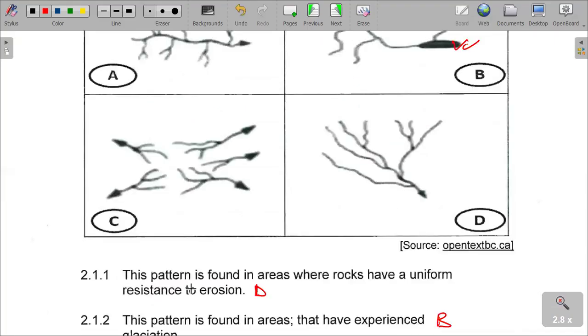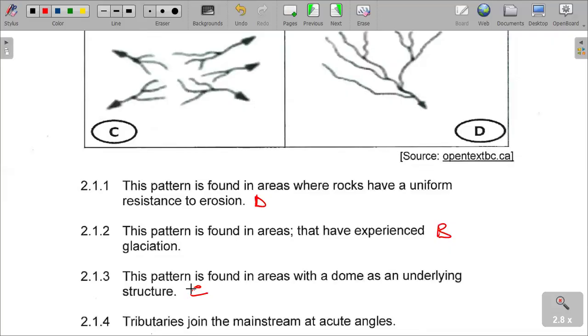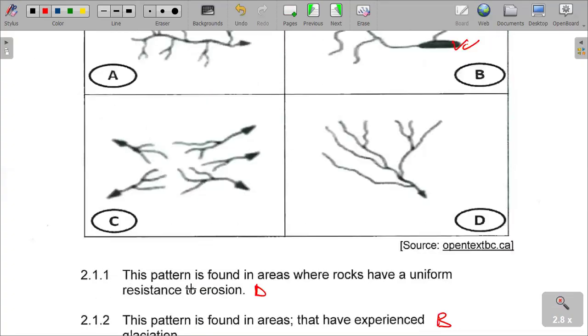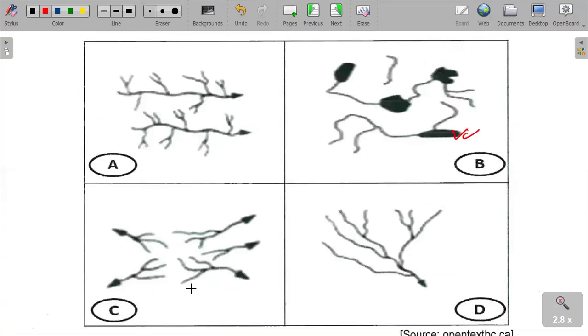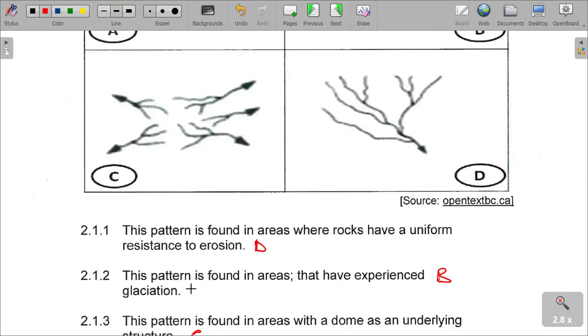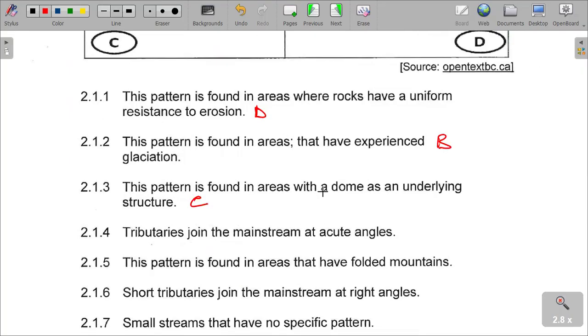It is tributaries joining the main river at acute angles, angles less than 45 degrees. So we are saying they join the mainstream at acute angles, which is D.